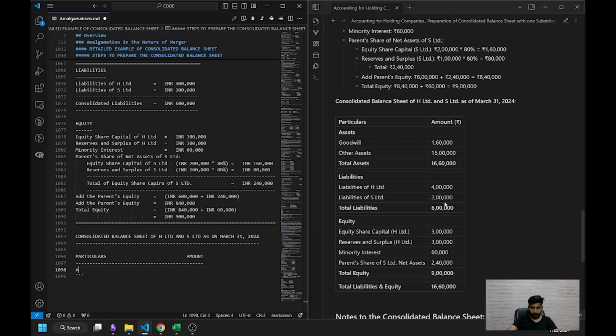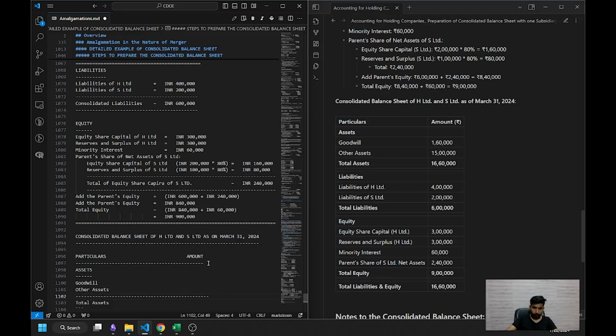We have the assets first. Assets will include the goodwill and the other assets, with the total assets. The total goodwill amounts to rupees 1,60,000.